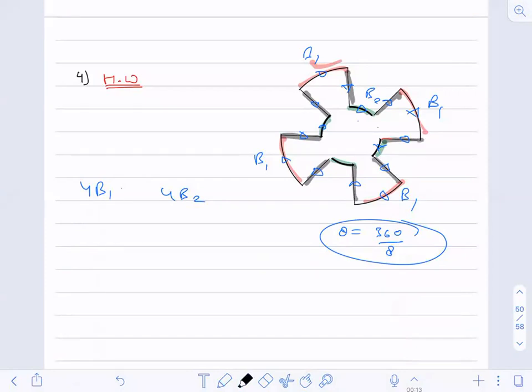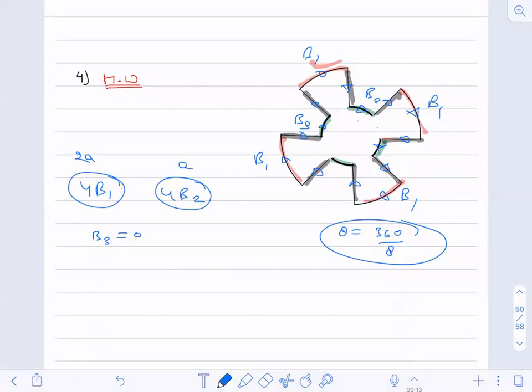If I assume them as B3, B3 will be 0 due to straight wire. This will be due to radius 2a, and this will be due to radius a.